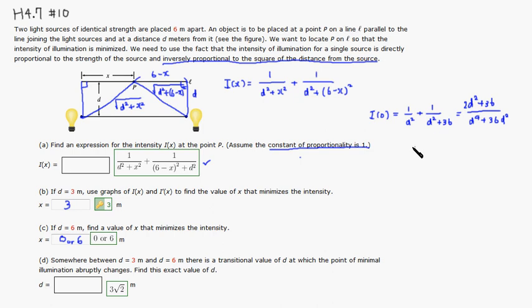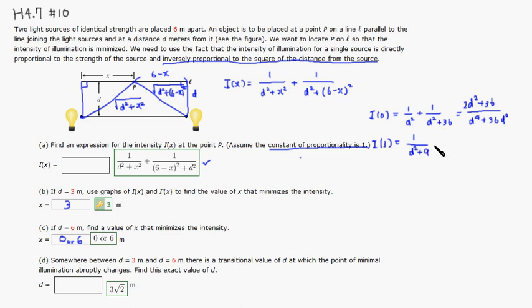All right. And let's look at the I of 3. It's very, very similar, but it's 1 over d squared plus 3 squared, which would be 9.